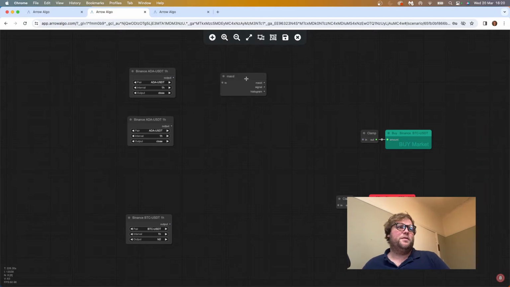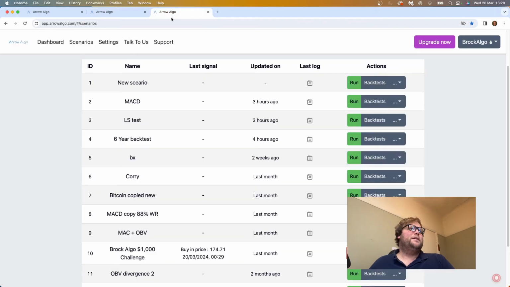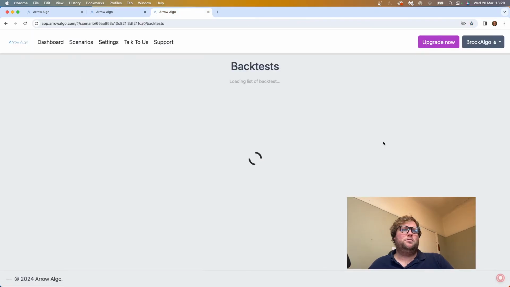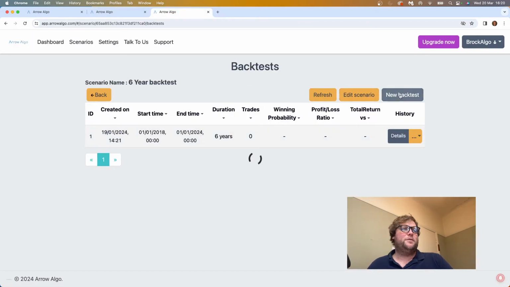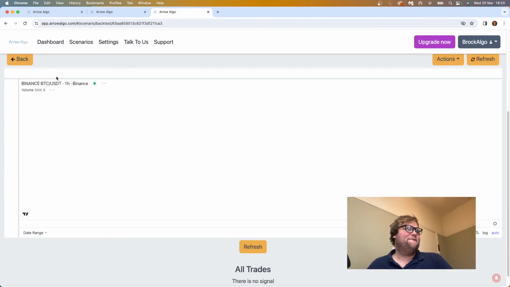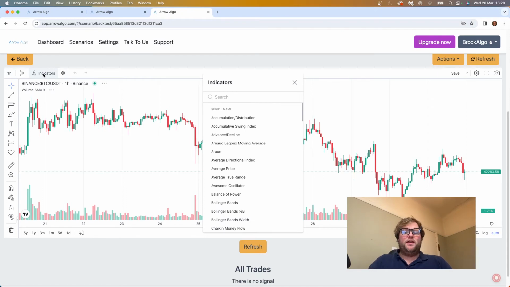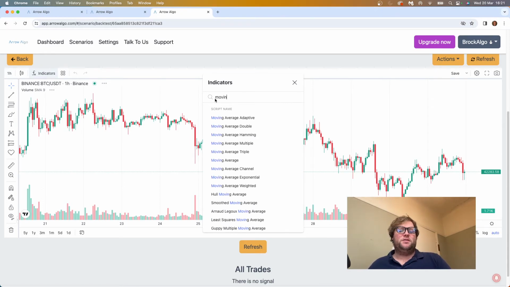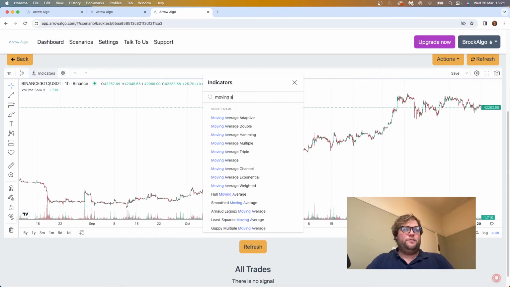Something we haven't used in the $1,000 trailing challenge strategy. MACD, for those that I'm sure are aware, or those that would have seen my video on MACD, is moving average convergence divergence. Essentially this is an indicator that tracks the differences between moving averages.